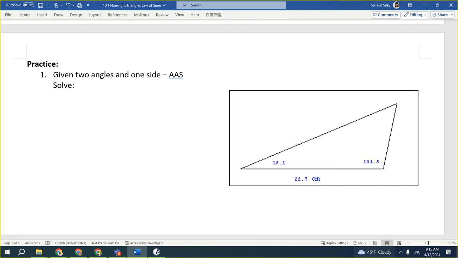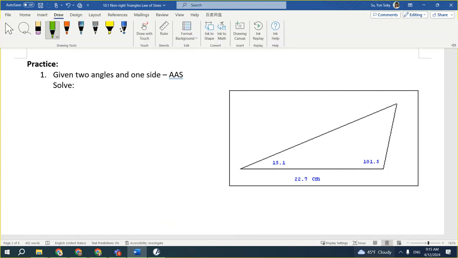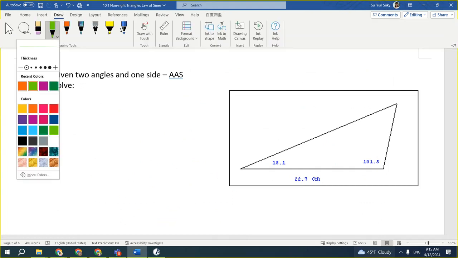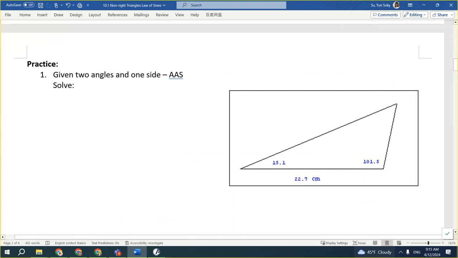No? Okay, so now how do we use the law of sine to solve problems? Given two angles and one side. So look at the following. We know two angles and we know one side. First of all, you label the points. Let's call this A, this B, and this C. By the way, you can label in a different order.